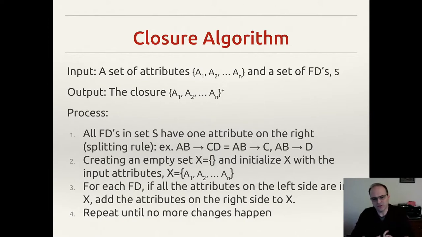So for each functional dependency, I'm going to look at the attributes on the left side, and if they are all, that's the important part, all in X, then whatever attributes are on the right side are going to be added to X. All right, so we'll see that happen. So basically we're going to grow our X as we loop through here, and we're going to keep doing this until no more changes happen.